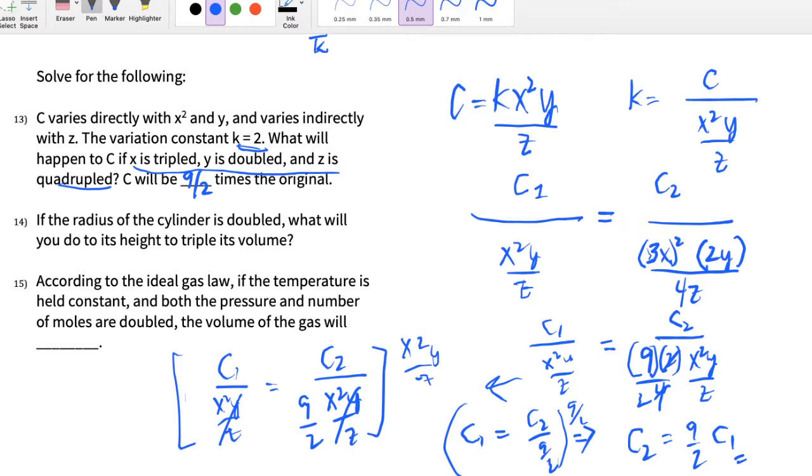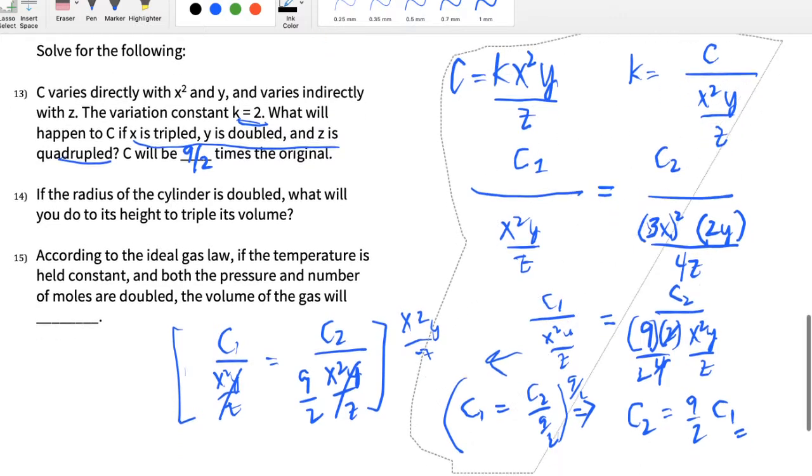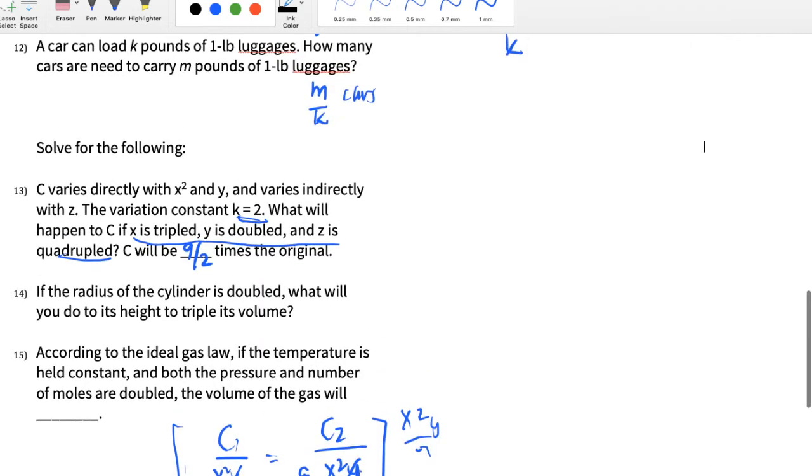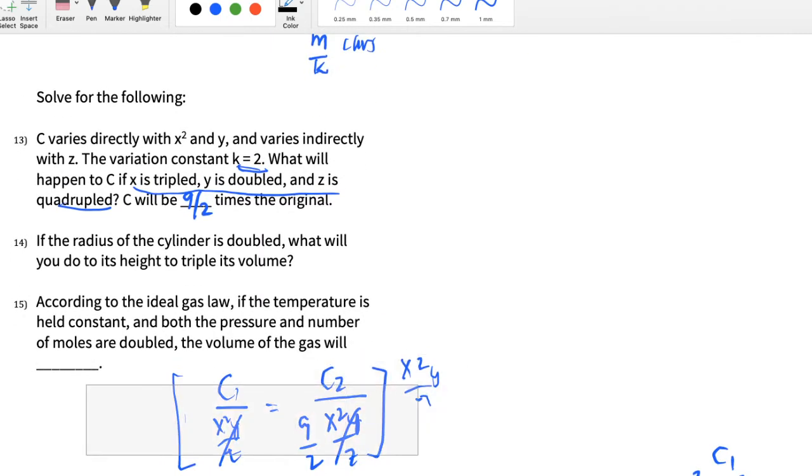Kasi kung naiintindihan mo na yung concept nito, a short way of solving for this, which yun yung gagawin natin for the next items, would be, burahin muna natin silang lahat.